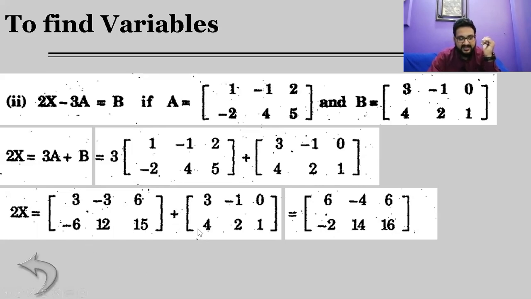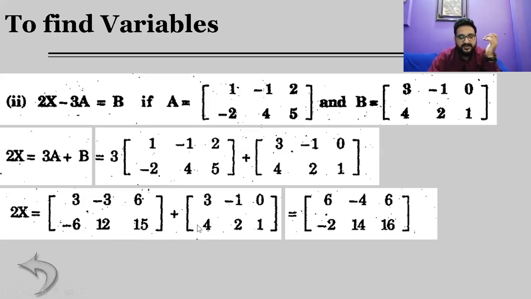Minus 6 plus 4 becomes minus 2. 12 plus 2 equal to 14, and 15 plus 1 equal to 16. This is the matrix we get by adding these matrices.